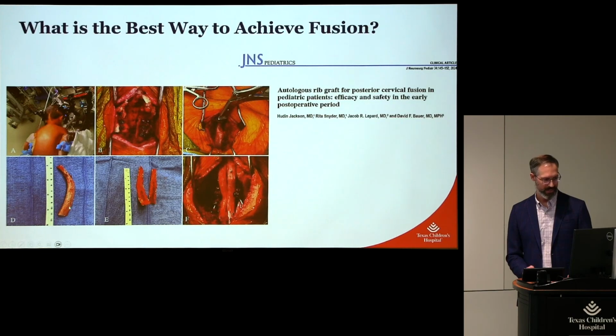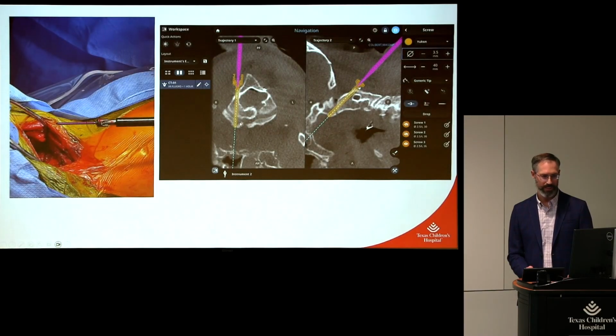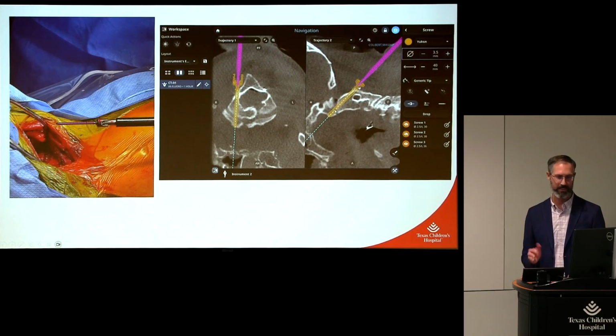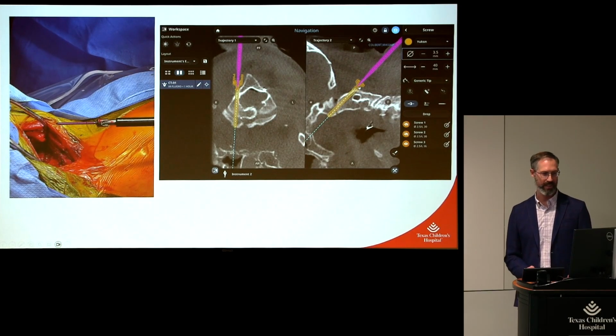We take a piece of rib and split it in half and put it down between the skull and the spine. The screws are put in like this with a navigation system, so that we have perfectly placed screws each and every time, even though we can put in very long screws to hold the spine together.